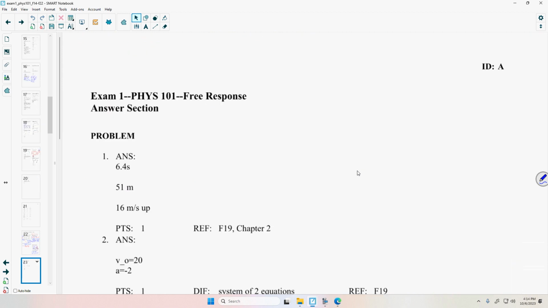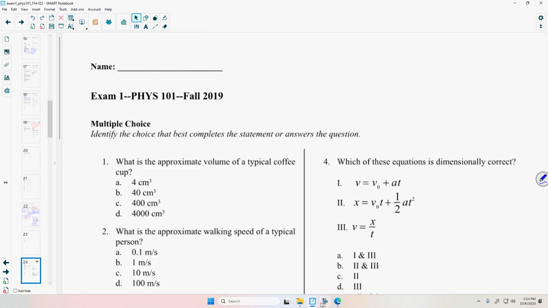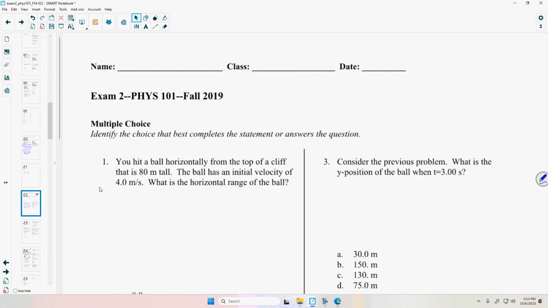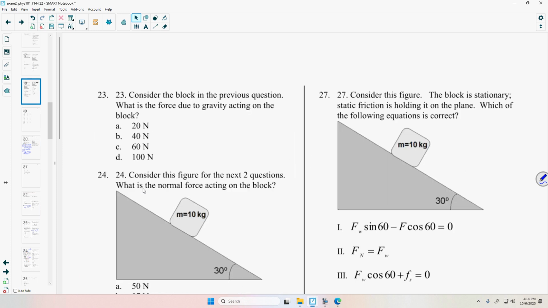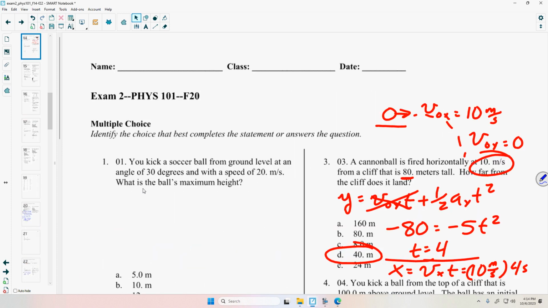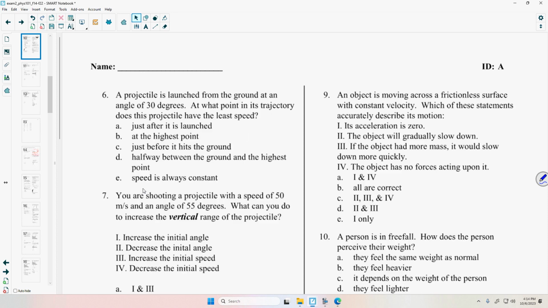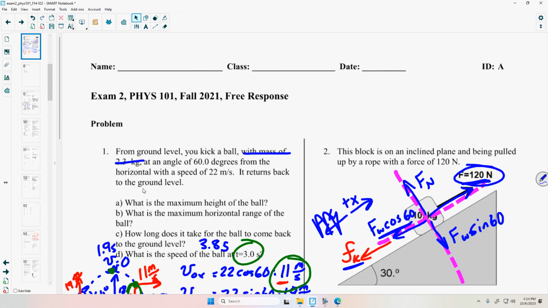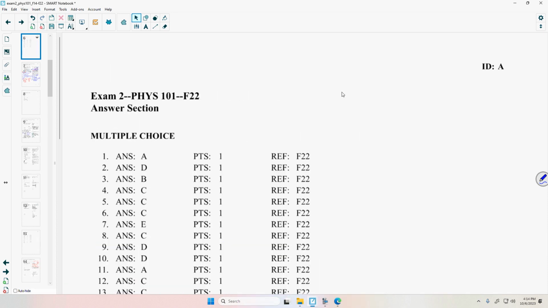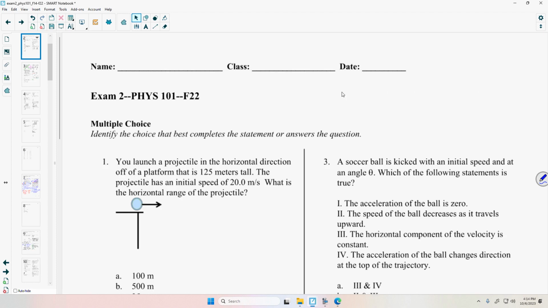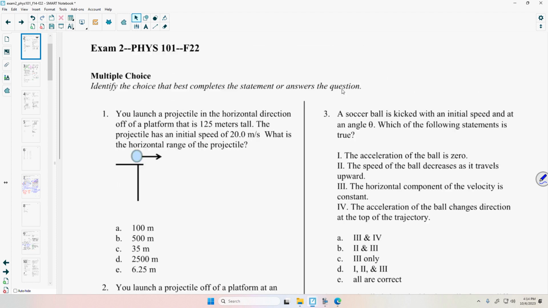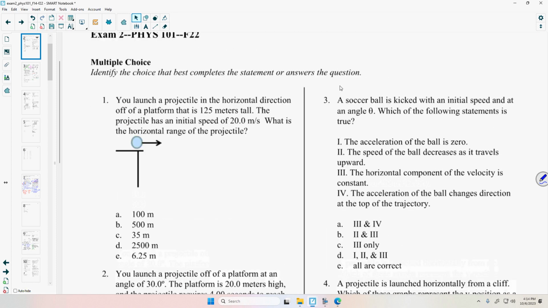Do I not have any? I thought I had some. Vectors, a 2D vector thing. Yeah. I know there's one on 21. Let me just find a multiple choice. It's okay. Fall 22.